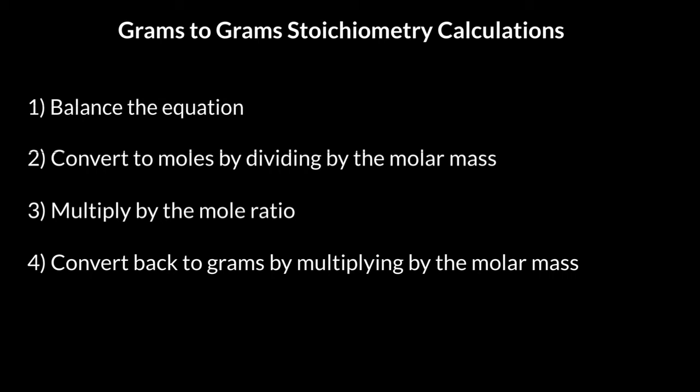Third, we use our mole ratio that we get from the balanced chemical equation to convert from moles of one substance to moles of the other substance. And lastly, since we were asked for grams of N2, we had to convert from moles of N2 that we got out of step 3 back into grams by multiplying it by the molar mass.